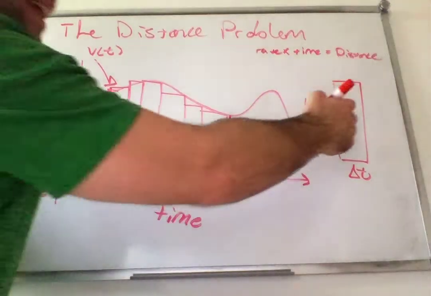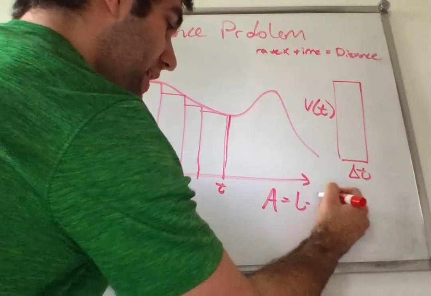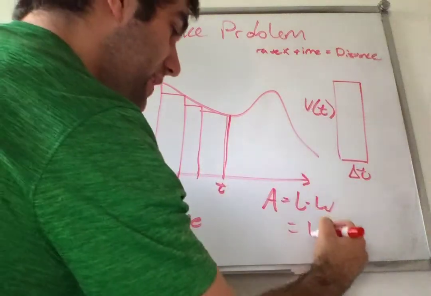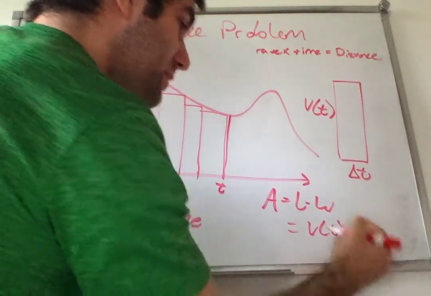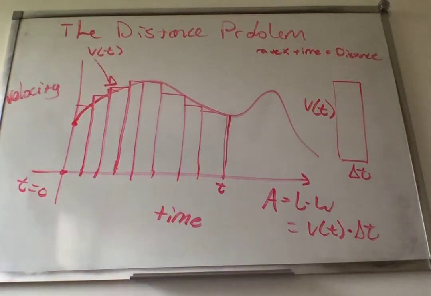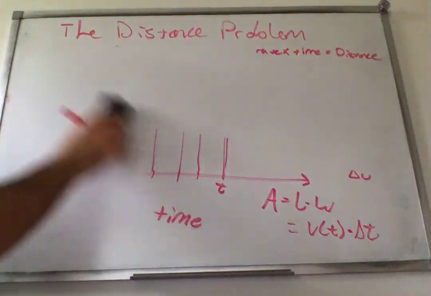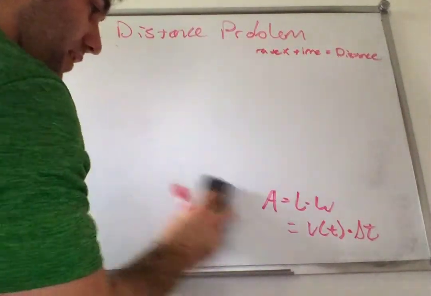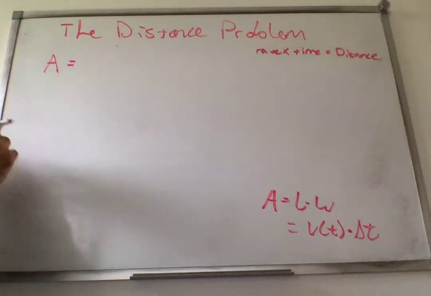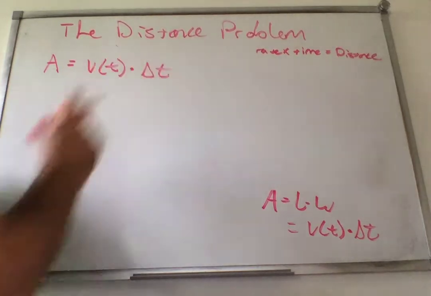And now if I find the area of this rectangle, area is length times width, well, v of t times my width, delta t. I no longer need the picture. I got what I need to explain the idea here. I found the area is equal to the velocity times delta t, okay?